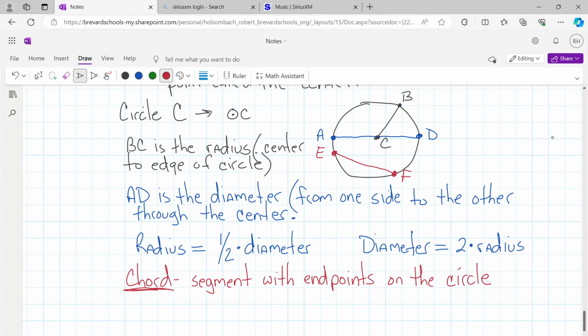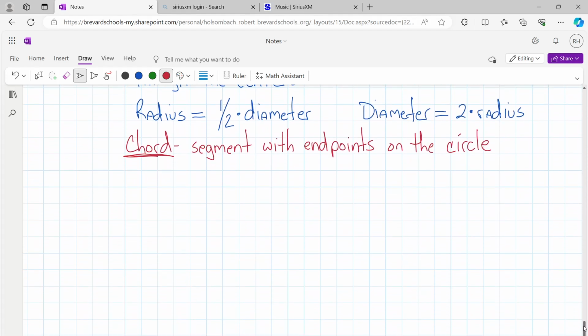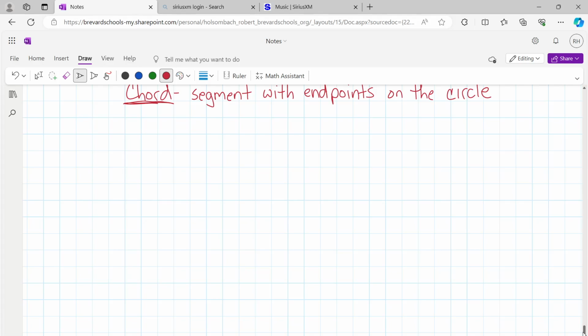So if you want to look at example 1, and I'll draw it, and then we're going to identify a couple of pieces here.